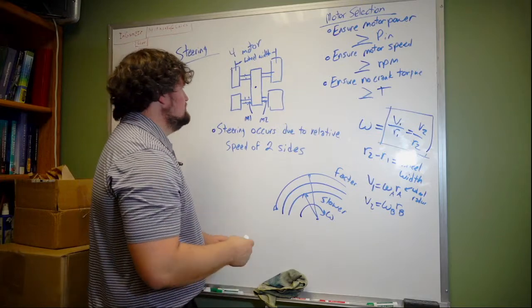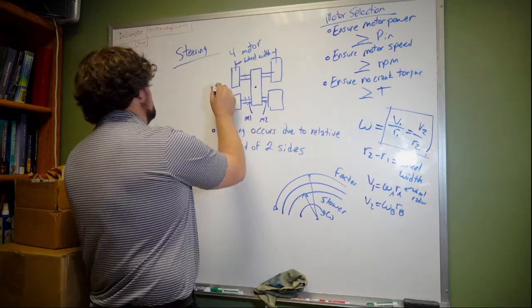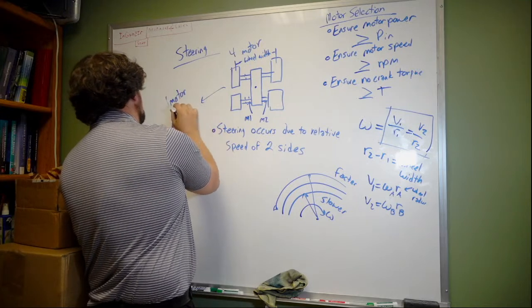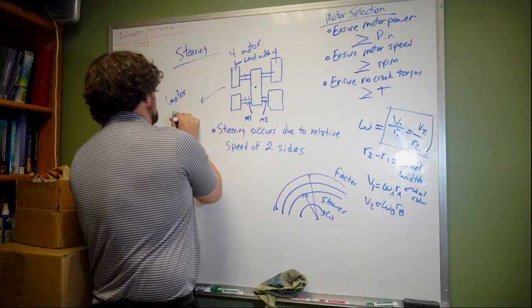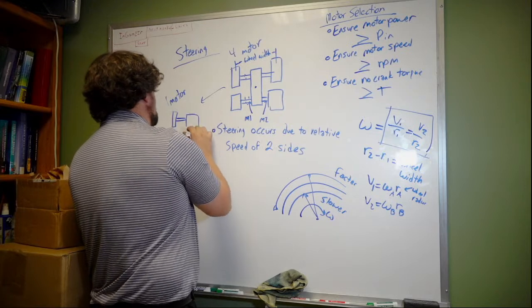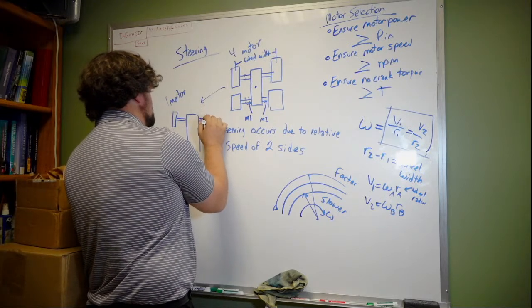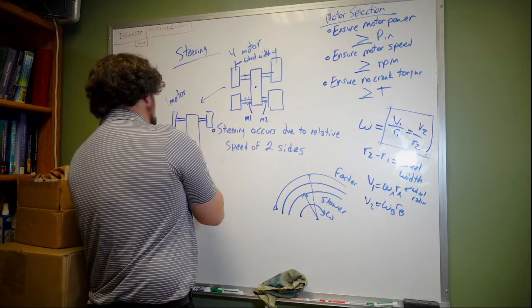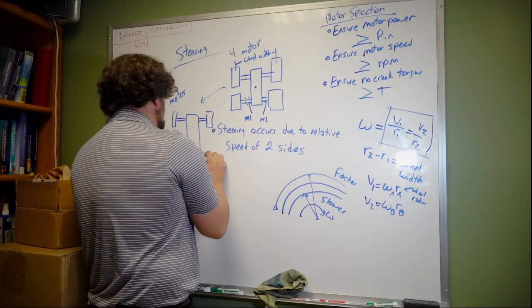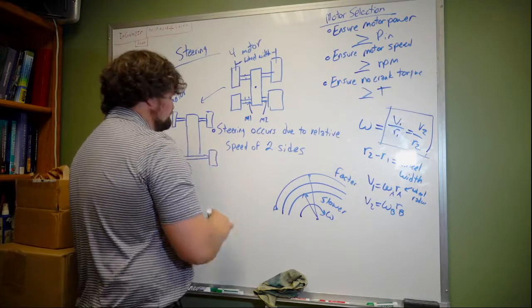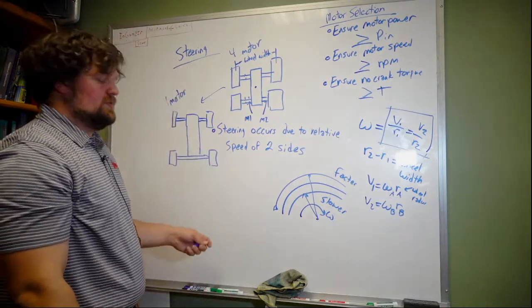The other side is, if you want to only have a one motor operation, here you would likely have a broken axle up front. This would probably be some kind of wishbone suspension. And then in the back you would have a solid axle that would connect to both of your wheels. Try to get out of the way of my drawing.